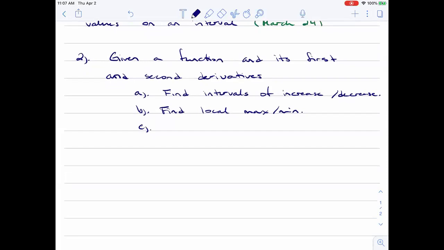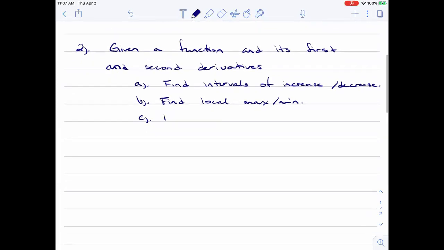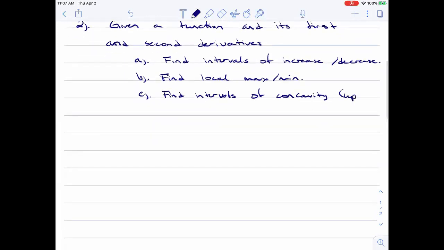Part C, find the intervals of concavity, up or down.